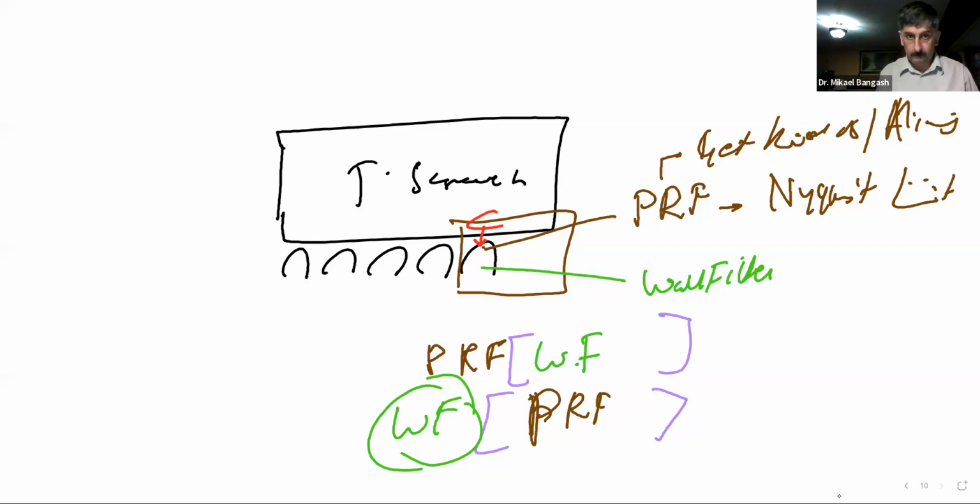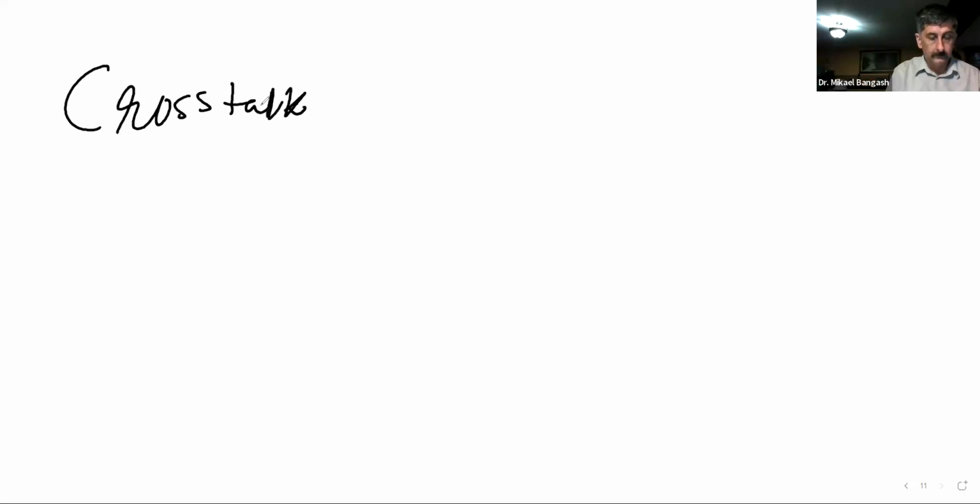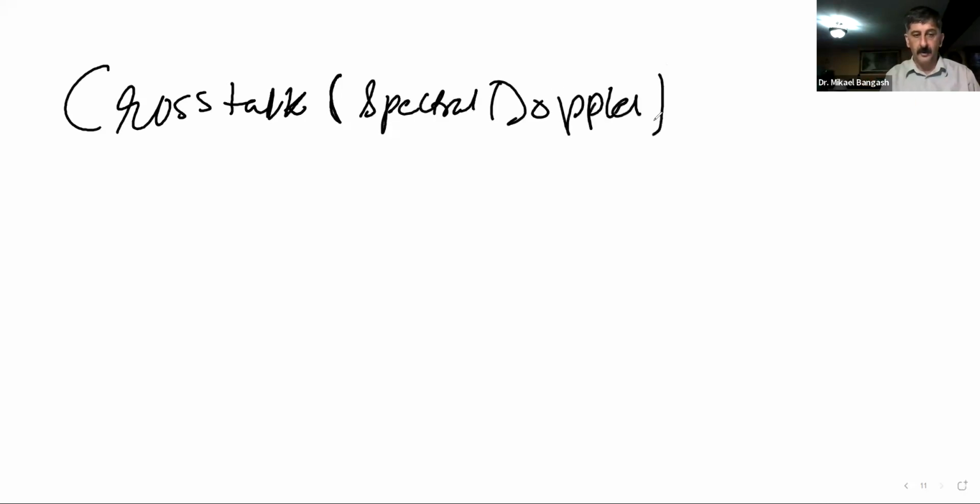Good. Let's see if we can chalk off crosstalk. Now, as I said earlier, crosstalk is what we call this artifact on a spectral Doppler.